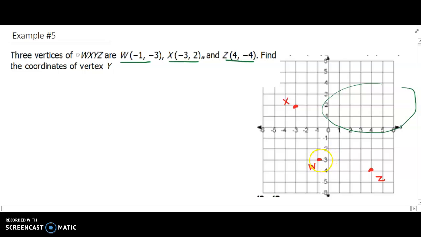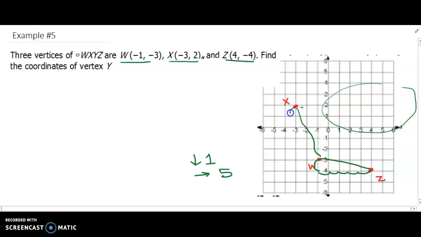Okay, well, so what I'm going to do, and I'm literally just going to use the graph and count boxes. I'm going to say, okay, well, from W to Z, I'm going down 1, and I'm going right 1, 2, 3, 4, 5. I'm going down 1, right 5 from W to Z. So going from X to Y, where do you think I'm going to move?